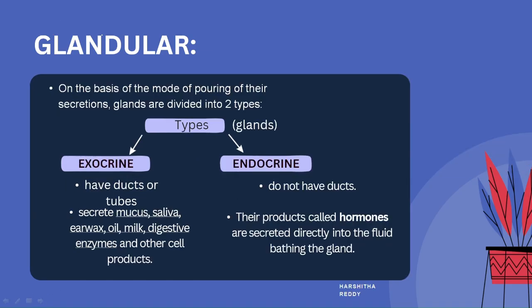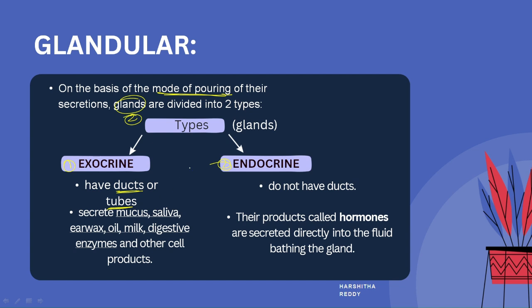On the basis of mode of pouring of the secretion, the glands are of two types: exocrine and endocrine. Exocrine glands are the glands which have ducts or tubes for the secretion.